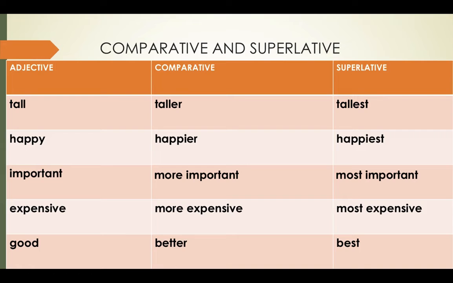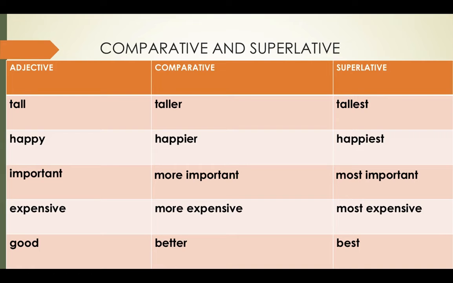We remove y and we add ier. So comparative: happier, and superlative: the happiest, where we remove y and add iest. So we have happy, happier than, the happiest. This is what we already covered when talking about short adjectives.